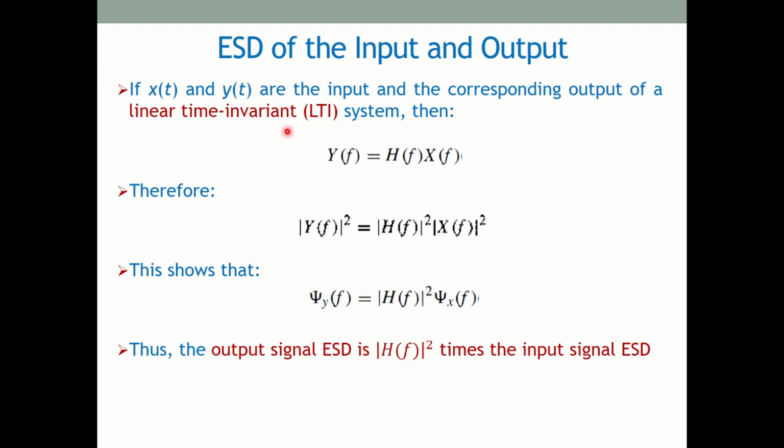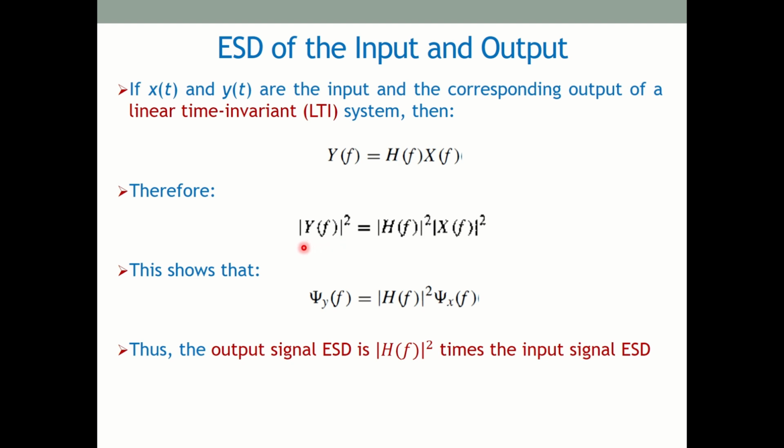So we are considering an LTI system here. Then we know this expression exists. The output Y(f) is equal to H(f), the system function of this LTI system, multiplied with X(f). If we take magnitudes and squares on both sides, we get this expression.